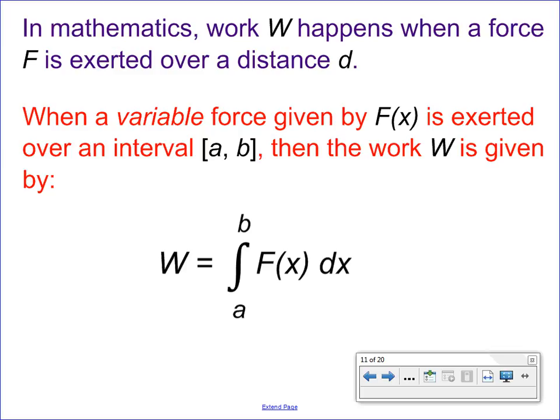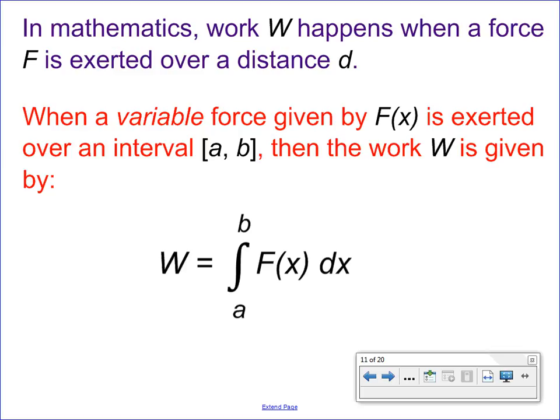Well, that's exactly what we've done in the context of summing up infinitely thin rectangle areas to get the area of an irregular shaped region, or summing up infinitely thin disks, with a small volume, like a quarter, to get the entire volume of a solid.